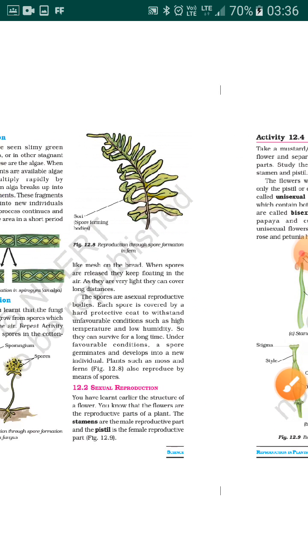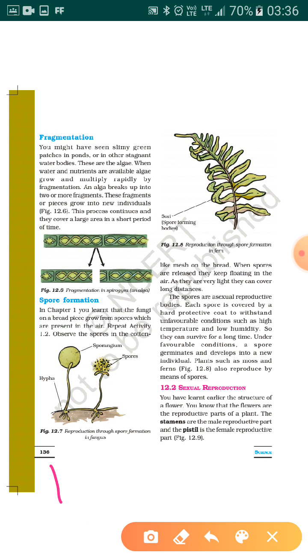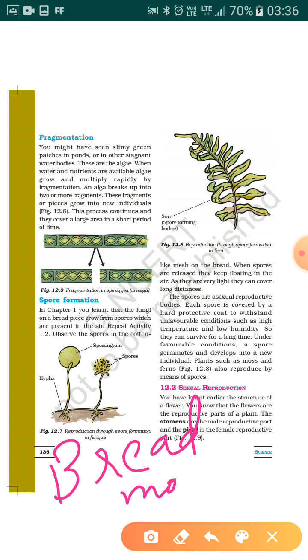Spore formation, you must have seen the bread mold. It is commonly called bread mold. Bread mold will be the example of spore formation, or you can say Rhizopus. So spore formation is found in a fungus called Rhizopus, or commonly called bread mold.